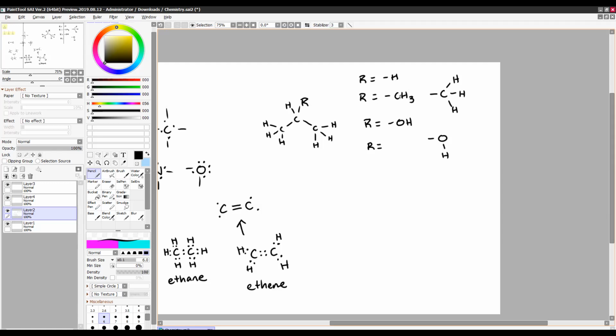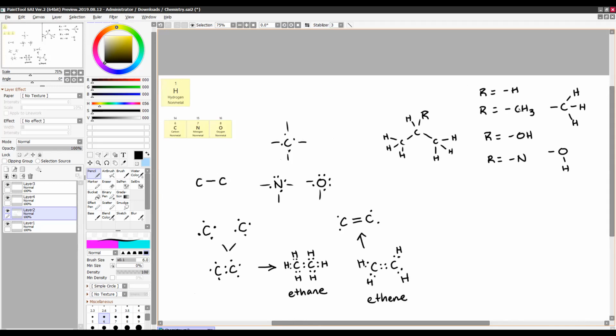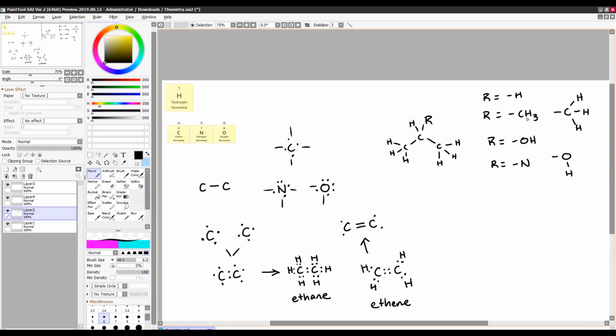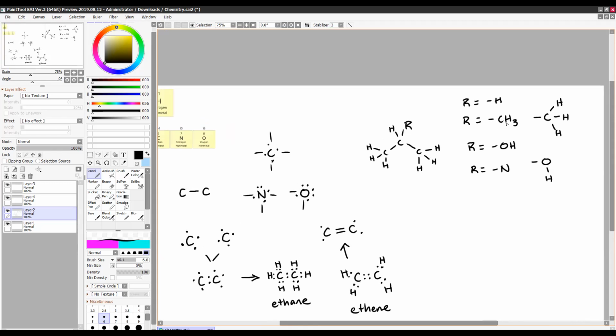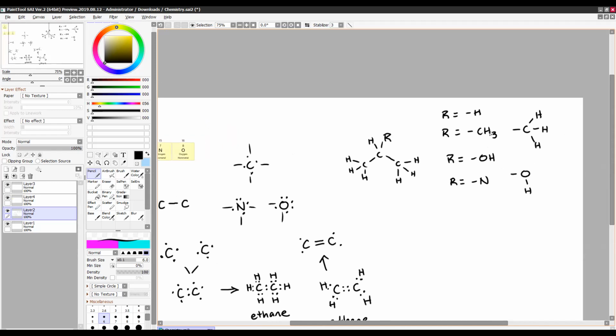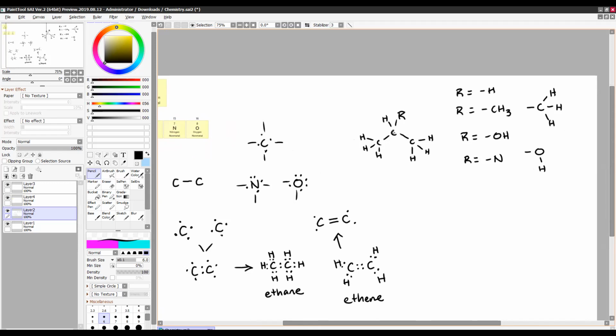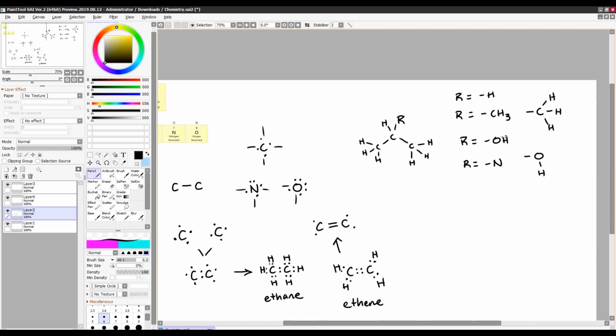Right now we seem to have a pattern. We have an atom, such as carbon or oxygen, and then we have a corresponding amount of hydrogens attached to that atom, depending on how many bonds it can form. So carbon can make 4 bonds. So one of the bonds must be attached to this carbon here, but the other 3 bond to hydrogens. Oxygen makes 2 bonds, one bond is to the carbon here, and the other bond is to a hydrogen.